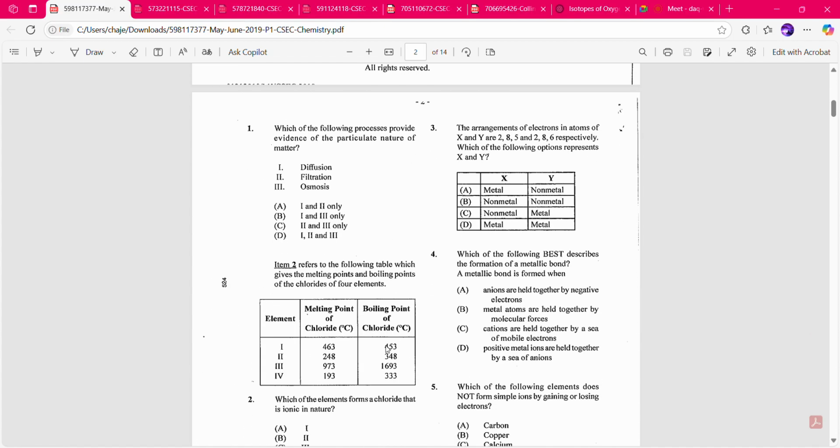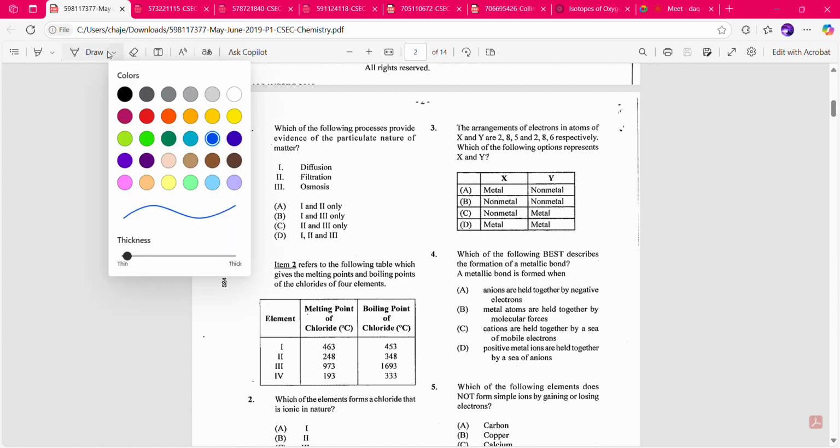Alright, number one says which of the following processes provide evidence of the particulate nature of matter? The one that provides evidence on the particulate nature of matter, we know that diffusion provides evidence.